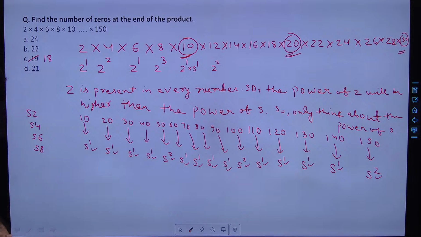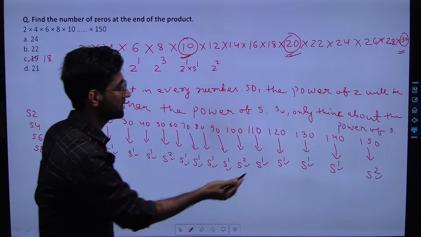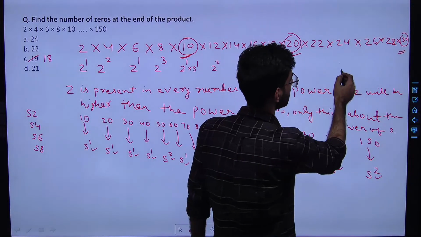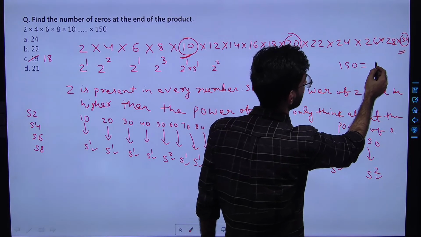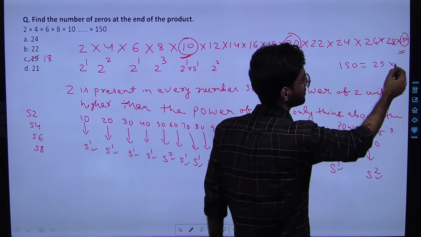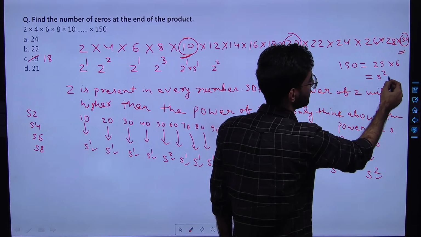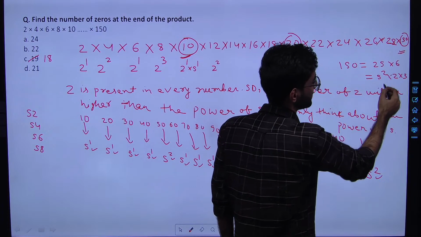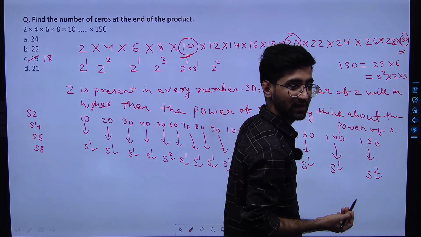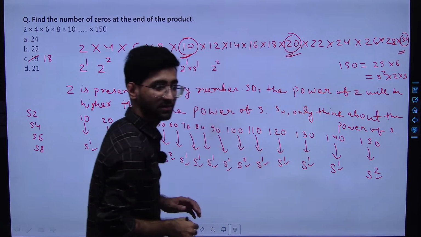Because you answered 19. Which 150? 150 is equal to, you can write 25 into 6. Right? So this is 5 to the power 2 into 2 into 3. Right? So 18 is the correct answer.